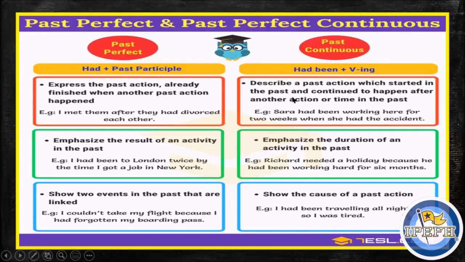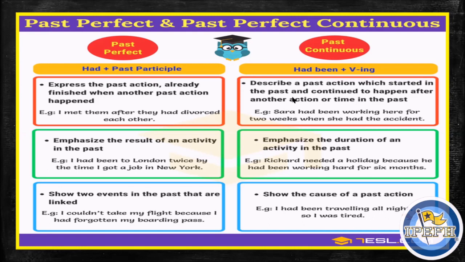Let's see the past perfect examples. Here we have the uses, and you know in which situations we can use the past perfect. We use it to express a past action already finished when another past action happened. For example, I met them after they had divorced each other.